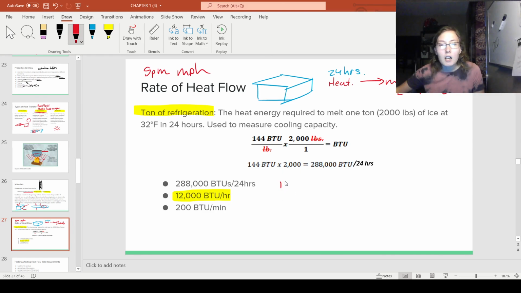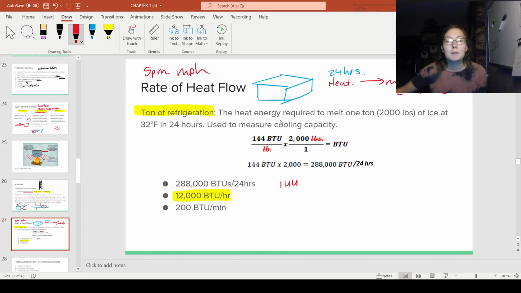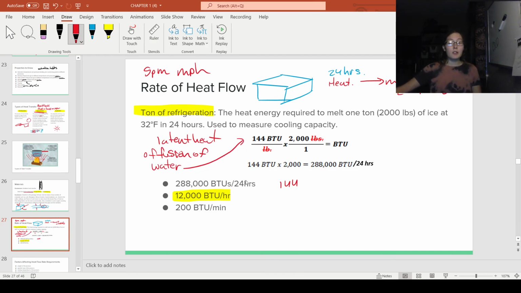So, remember we learned the latent heat of fusion of water. We learned that was 144 BTUs per pound earlier.